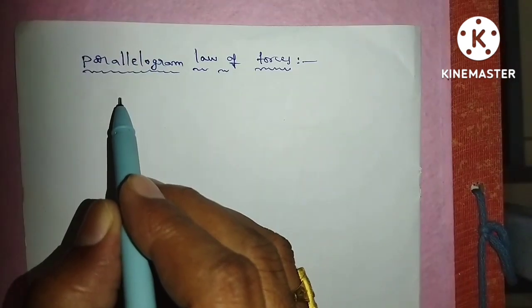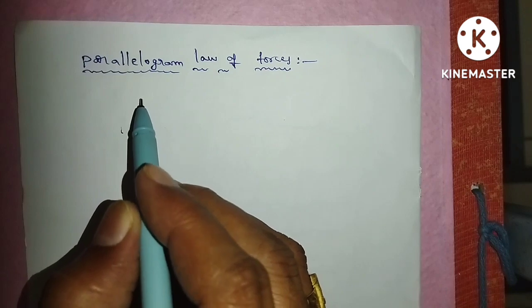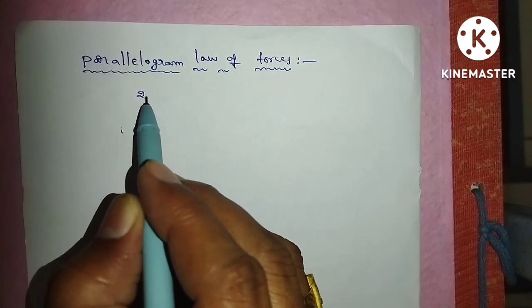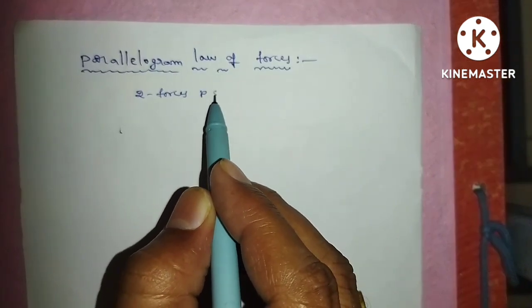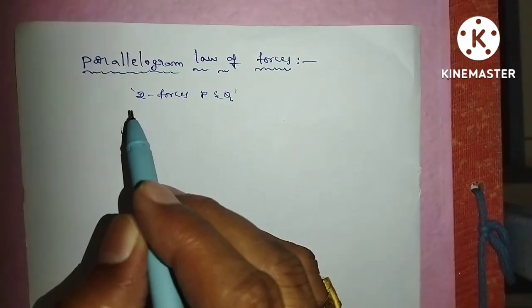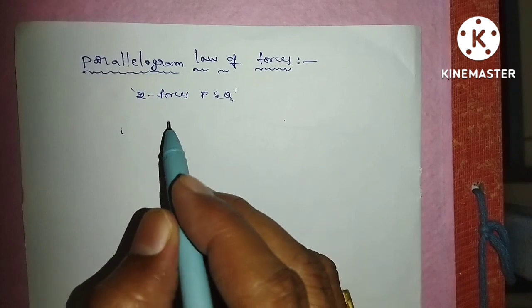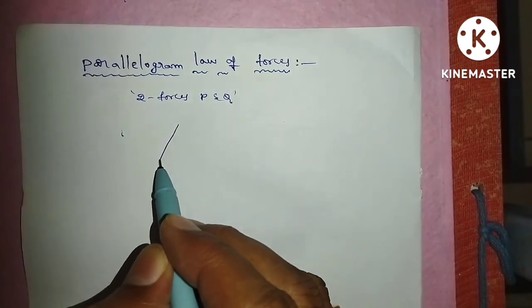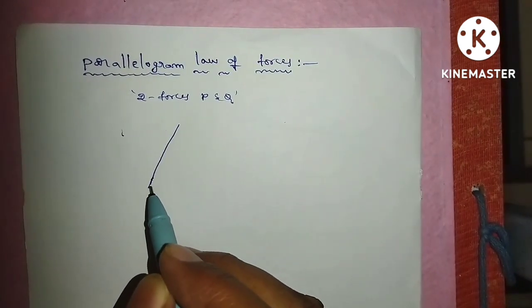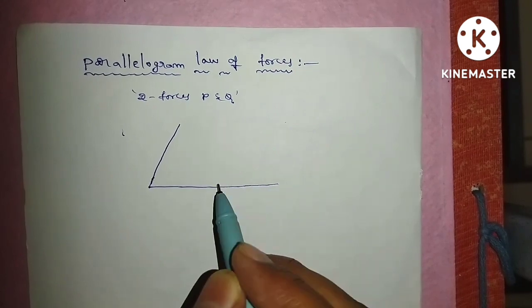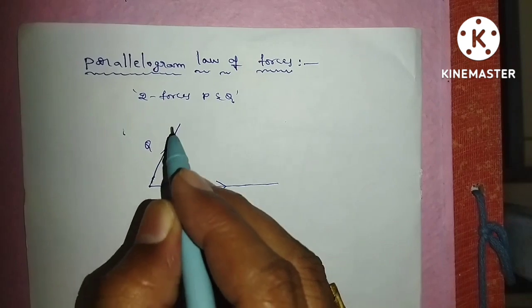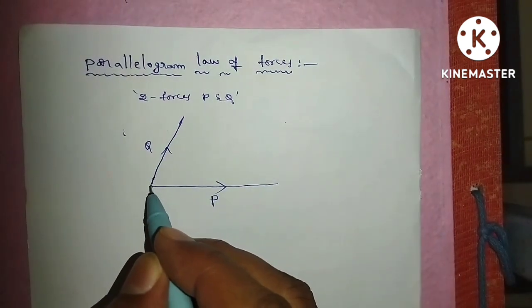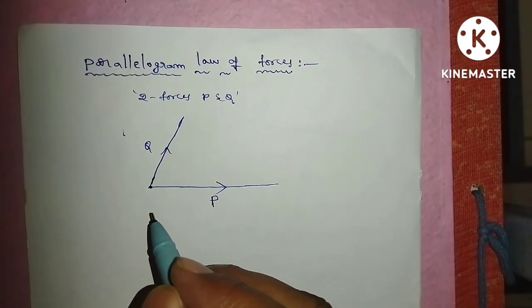It states that when two forces acting at a point are represented in magnitude and direction by two sides of a parallelogram, then the resultant will be the diagonal of the parallelogram in magnitude and direction at that point.